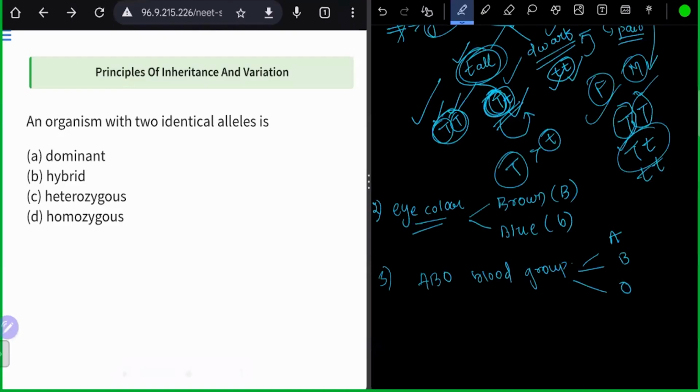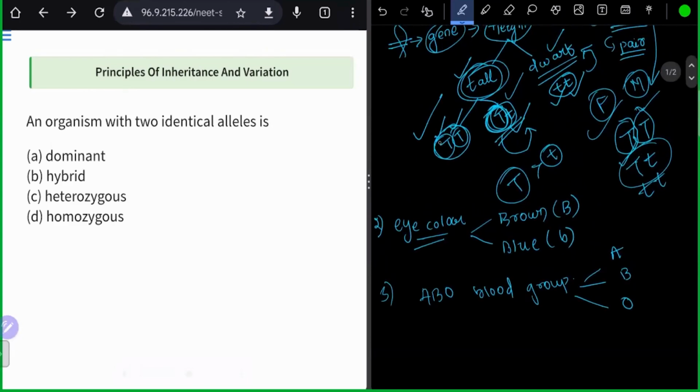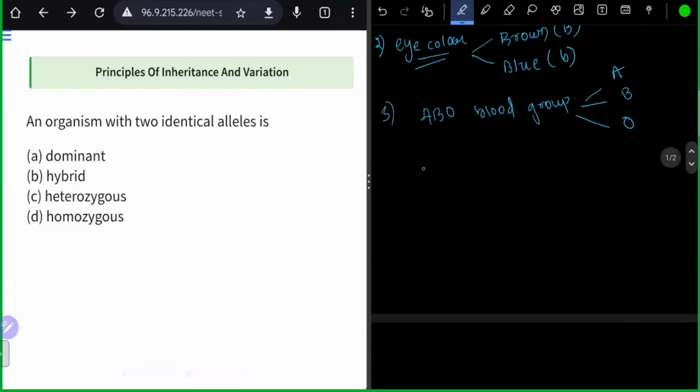So the question is an organism with two identical alleles. Two identical alleles means the two copies of the alleles are the same. In case of height, it can be capital T or small t; two alleles are the same or identical.